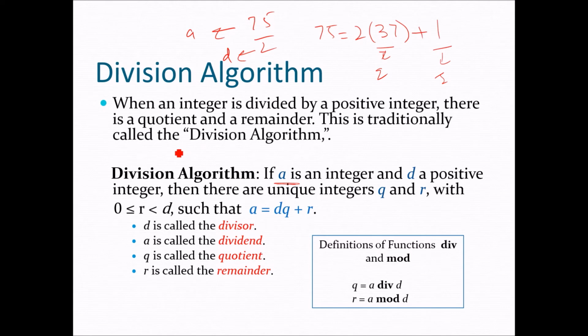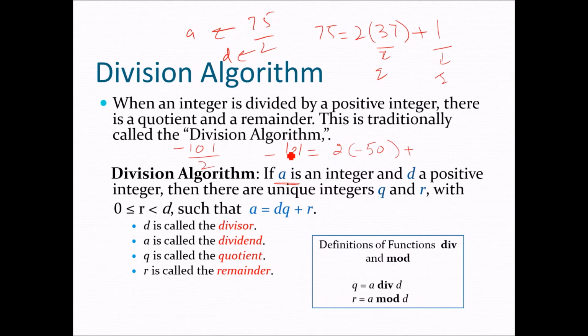For example, if we divide minus 101 by 2, then A here is negative 101 and D here is 2. So negative 101, the first thing which comes into our mind is that it can be written as 2 into minus 50 plus minus 1, because minus 50 multiplied by 2 is negative 100.